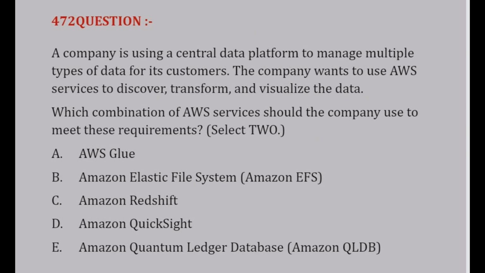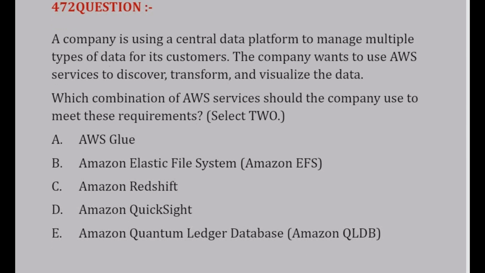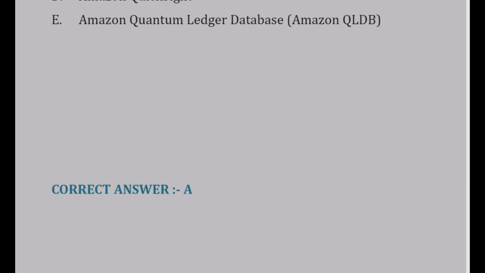Select two options. Option A, AWS Glue. Option B, Amazon Elastic File System (Amazon EFS). Option C, Amazon Redshift. Option D, Amazon QuickSight. Option E, Amazon Quantum Ledger Database (Amazon QLDB). Correct answer is option E.